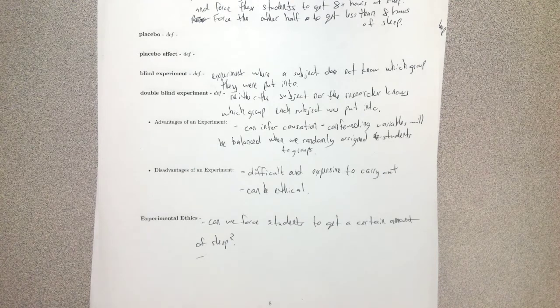Another ethical thing that pops up in some studies: think about that stent study where some patients get a stent, some don't. What if halfway through the study you realize that the patients who got the stent are doing way better than the patients who didn't?